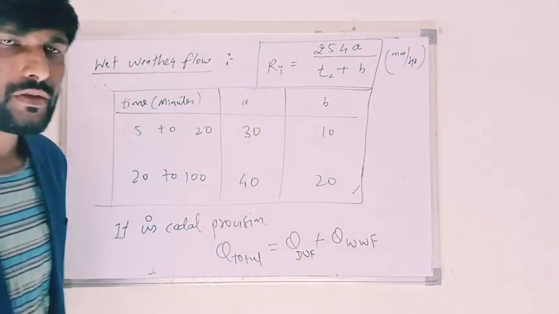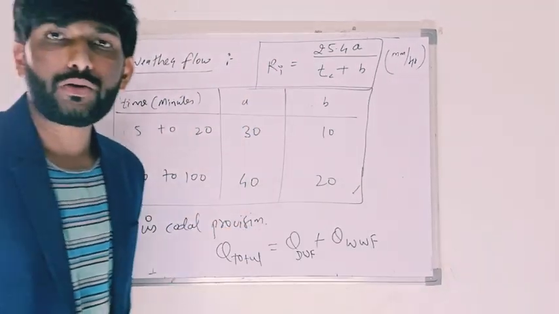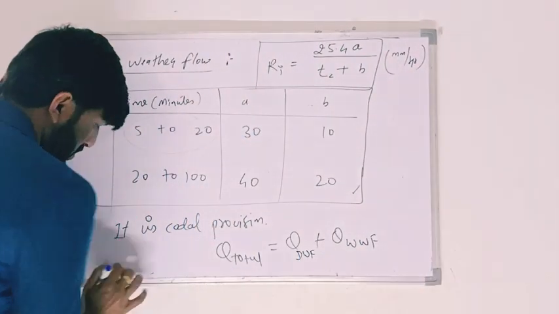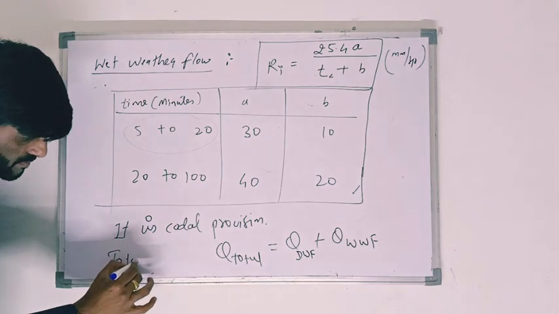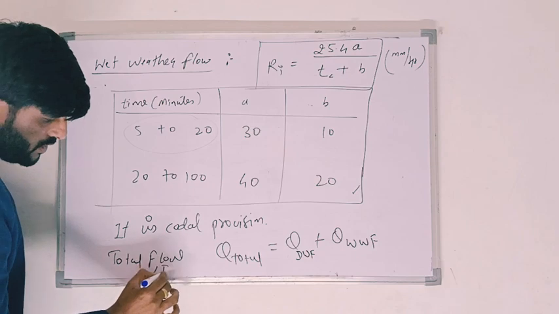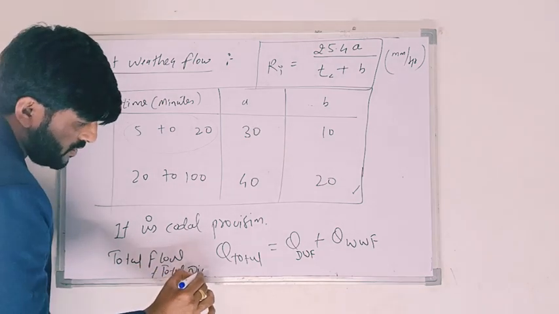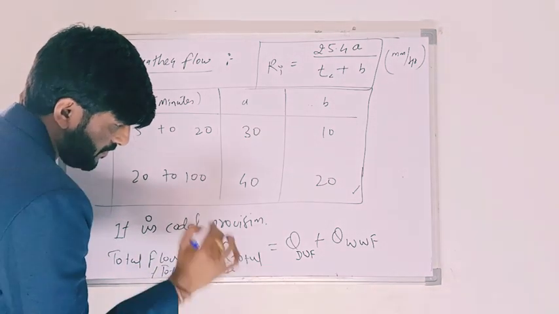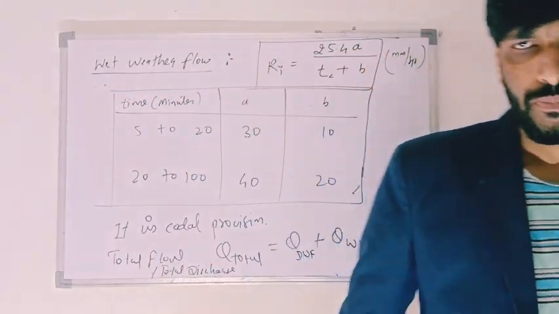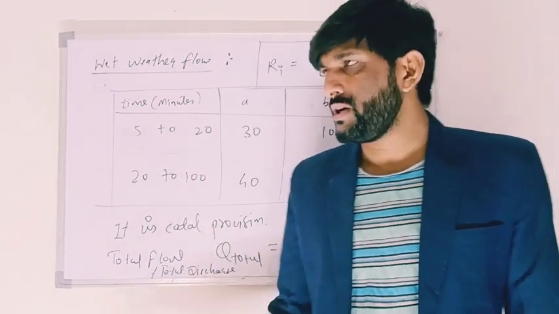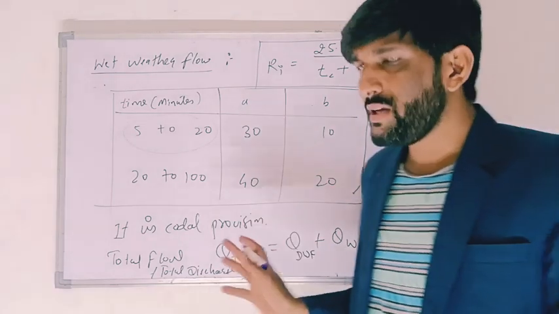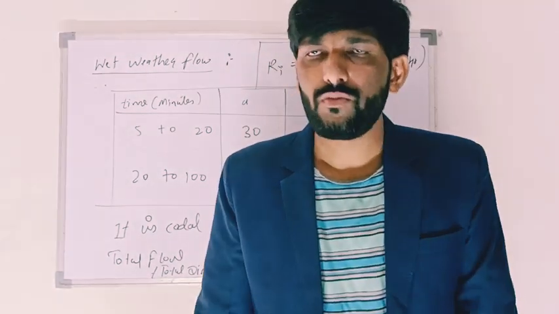Merge them, and the new value is your total discharge, total flow. I hope you understand wet weather flow and dry weather flow. This is a systematic manner of calculation, and you can easily solve your numericals.